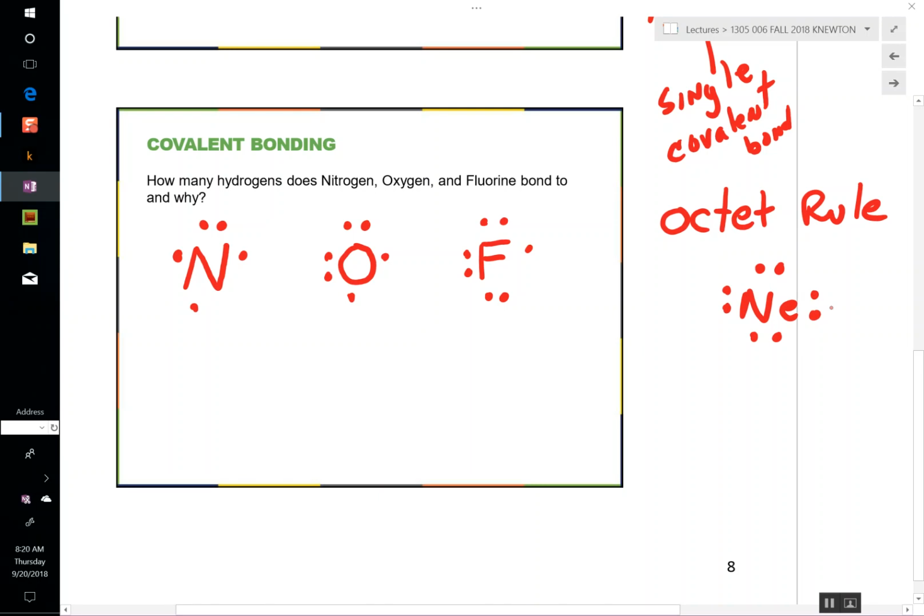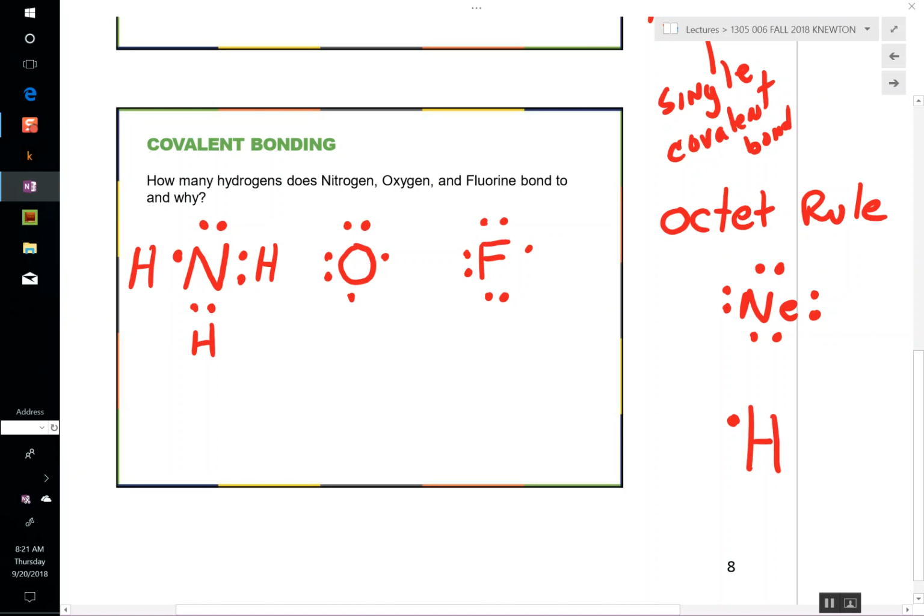All right, so what they're saying here is if nitrogen were to react with hydrogen and share electrons between nitrogen and hydrogen, how many hydrogens would it have to react with? 3. Because here's what hydrogen looks like. I'm going to put a hydrogen right there, right there, and right there.